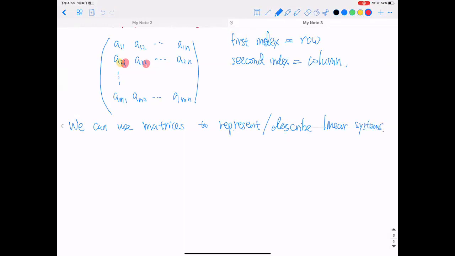Okay, that's the first reason for considering matrices. Now let's do an example first.